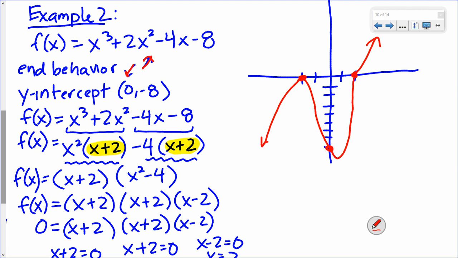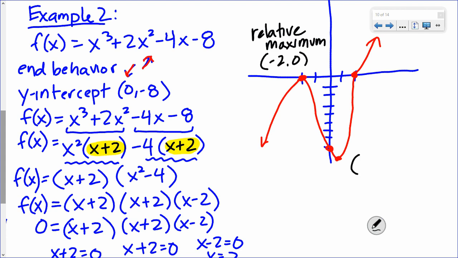Okay. And again, we are going to add one more piece of information to this graph, and that is the relative minimum, right? The maximum, I don't need a calculator or any other tool to figure out that my relative maximum is right here. It's the bounce point at negative 2, 0.